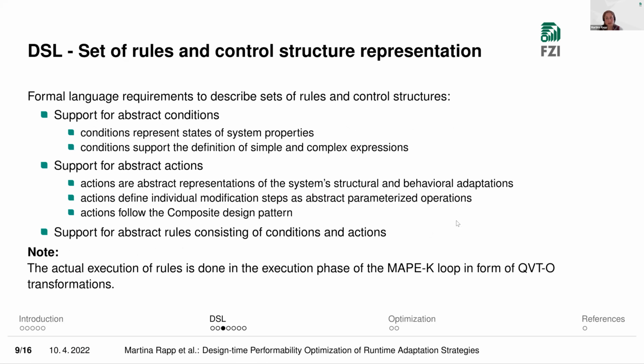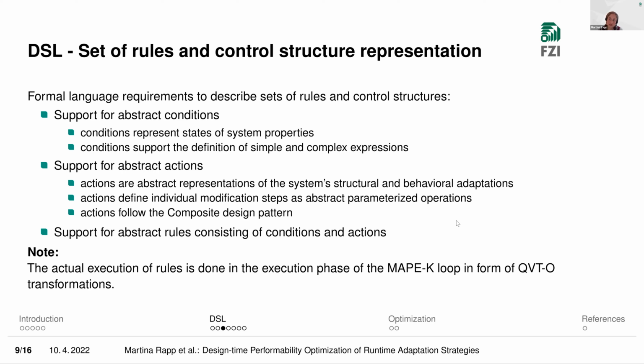I will now briefly go into the topic of set of rules and control structure representation. In our view, the abstract conditions represent the states of the system properties. Abstract actions describe the structural and behavioral modifications that a system must carry out to comply with its quality objectives.